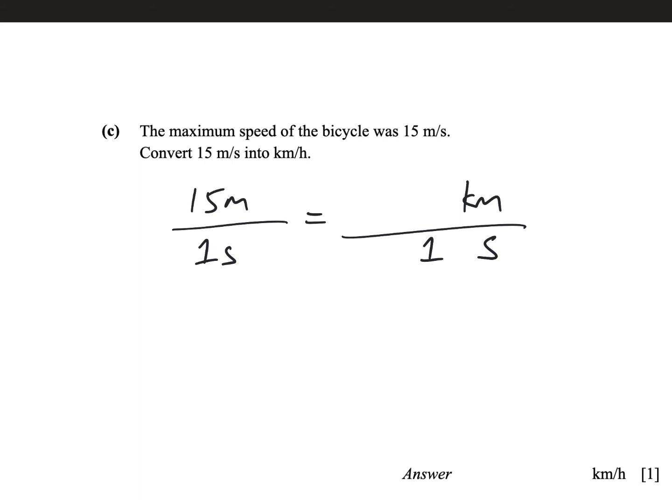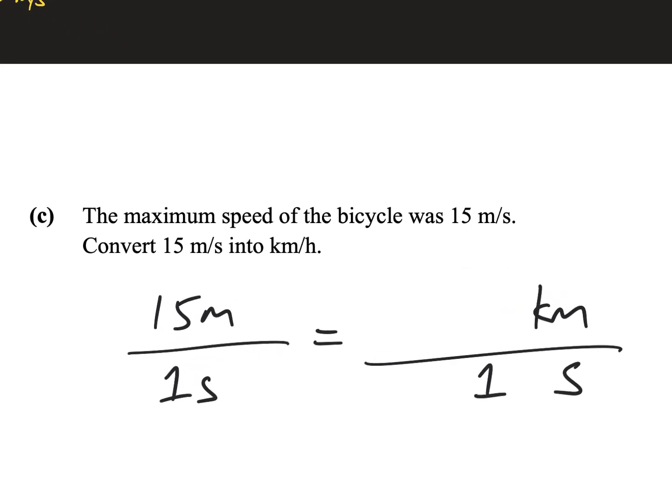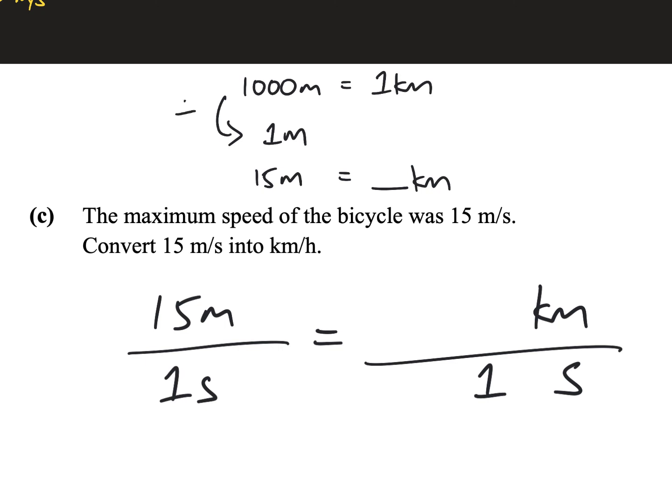Can we convert 15 meters to kilometers? So we think about it, we have 1,000 meters equals 1 km. In this case, we want 15 meters eventually, and we want to know how many km that is. So let's convert to 1 meter first by dividing by 1,000. So we also divide by 1,000 on the right hand side.